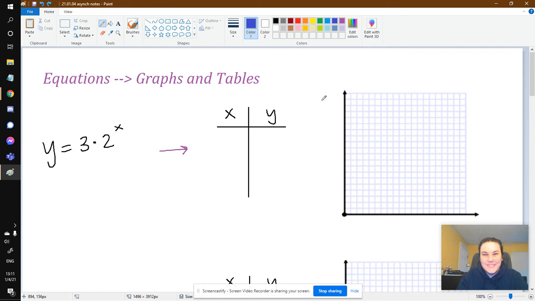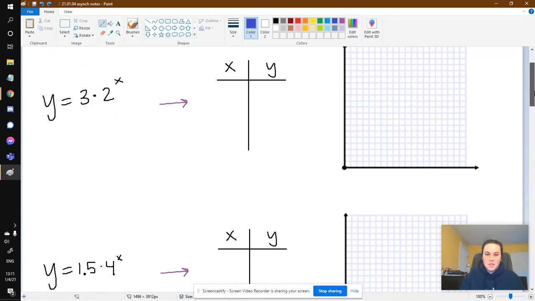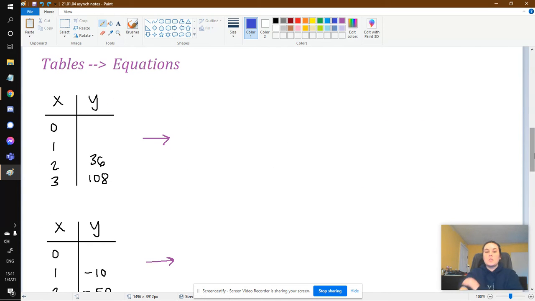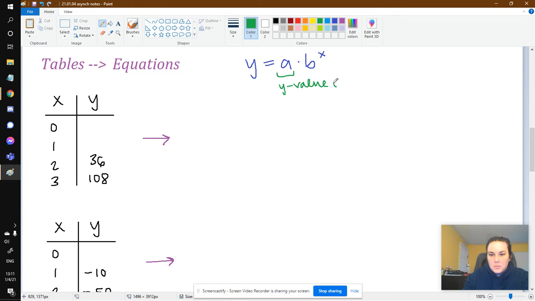Let's get to it. We're actually going to start with the one we did in class, tables to equations, and that's the second part of your worksheet. The two things we need for our equation are our starting number, which we'll call the y value when x is equal to 0, and we refer to it as a starting value, starting point.